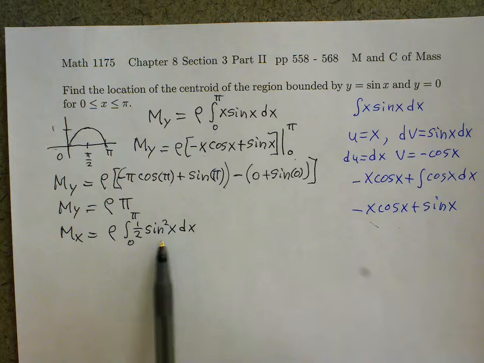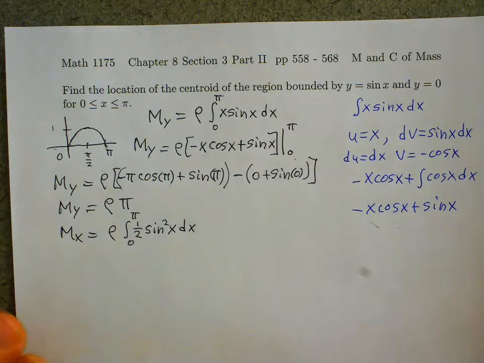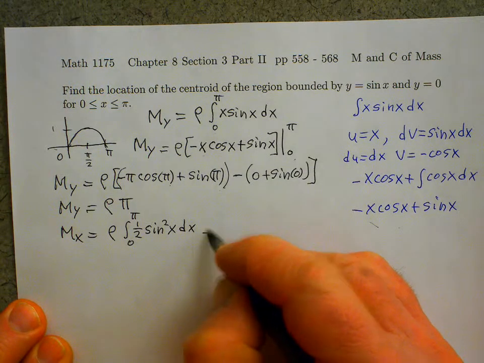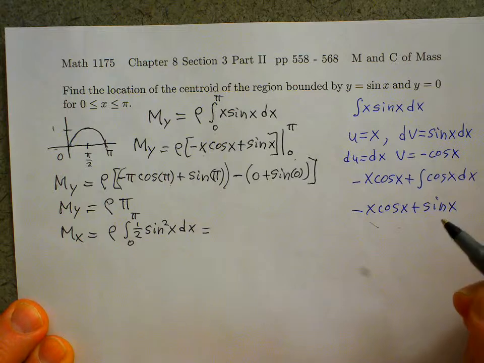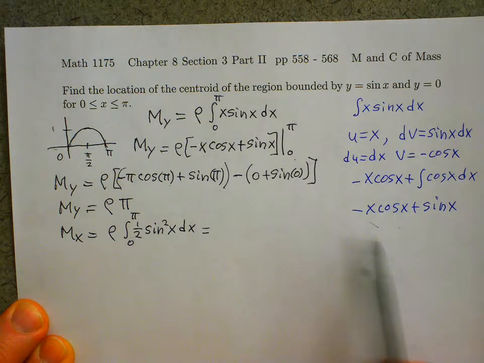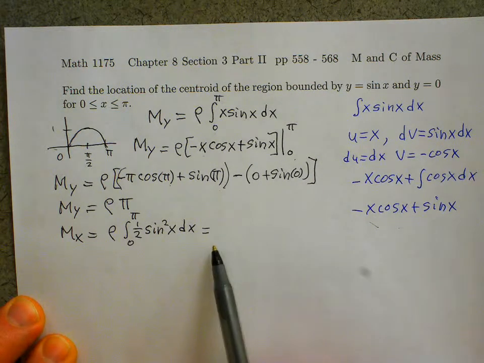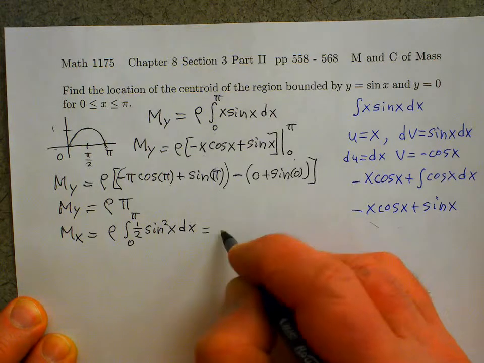Okay, the identity for sine of x squared that I'm going to use is 1/2 times the quantity 1 minus cosine of 2x. Do you remember that one? So I guess I'll write a little bit more detail.